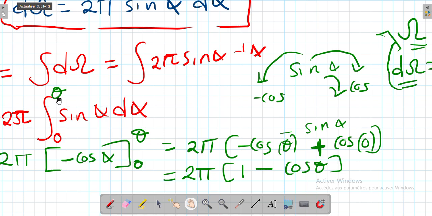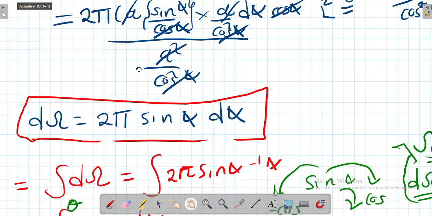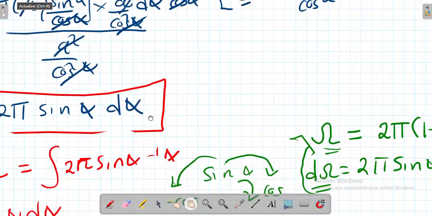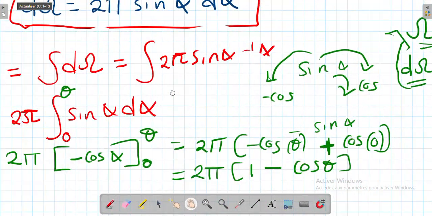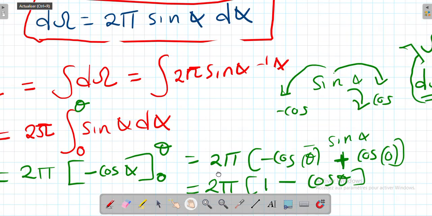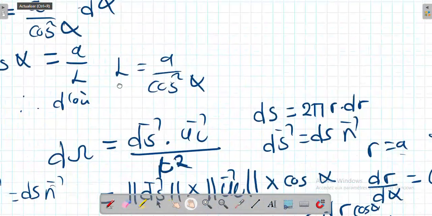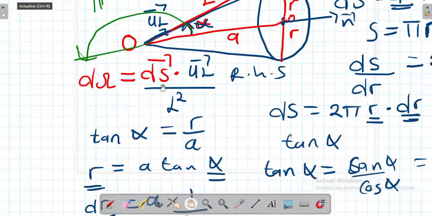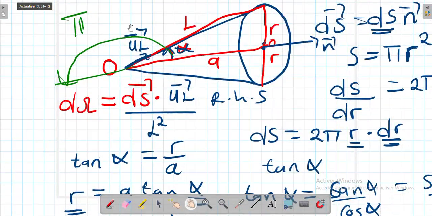So for you to see half of the disk, for you to see the demi-espace, we said that alpha varies from 0 to pi, from your diagram. Demi-espace means half.